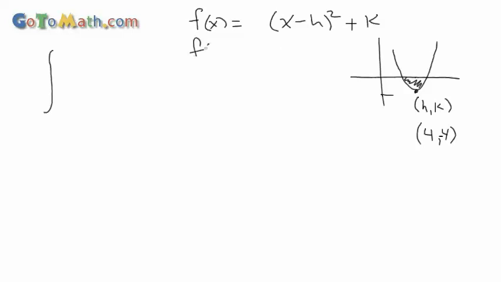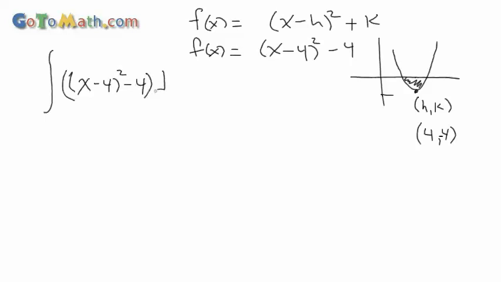So it actually becomes f of x is equal to x minus 4 squared, and k is minus 4. So there it is. X minus 4 squared minus 4.